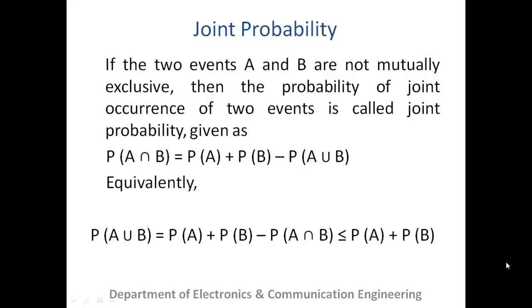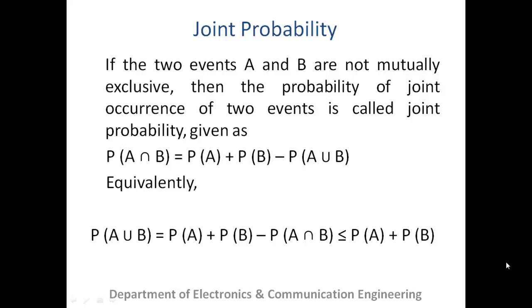Then comes another probability, which is joint probability, defined for two events A and B which are not mutually exclusive. Mutually exclusive events are those for which, if event A has occurred, event B will not occur simultaneously. That is, if one event has occurred, the other event will not occur at that particular time. Those two events are called mutually exclusive events.